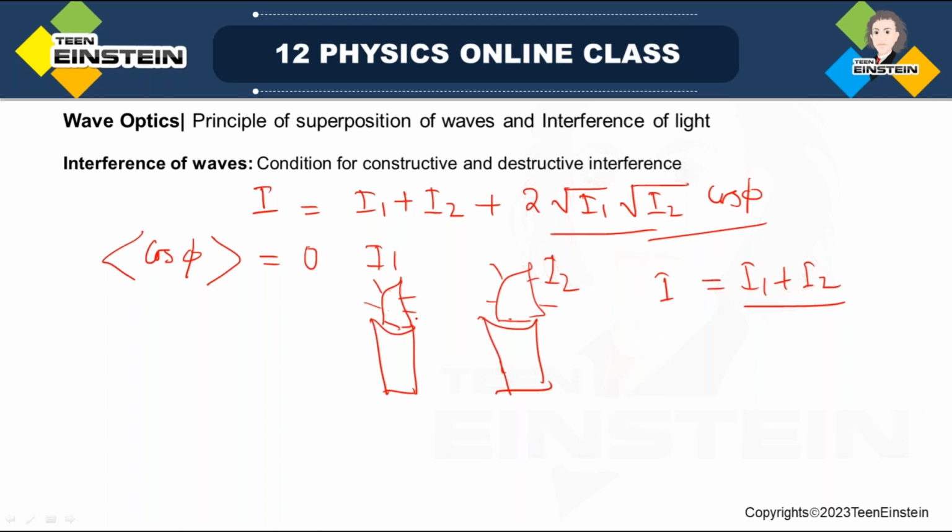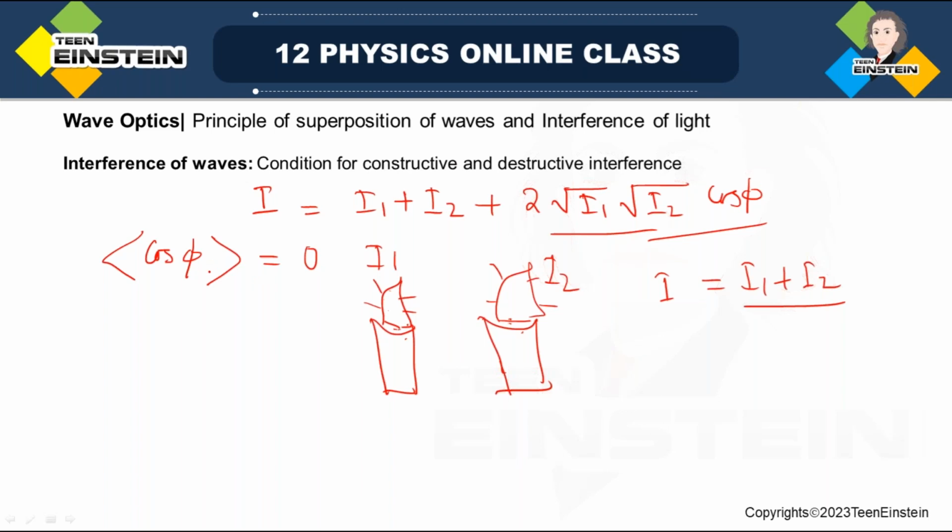So see, if the sources are not coherent, that means if they don't maintain a constant phase relationship, then the phase will change continuously, and when you take the average of this cos phi, it will give rise to 0.